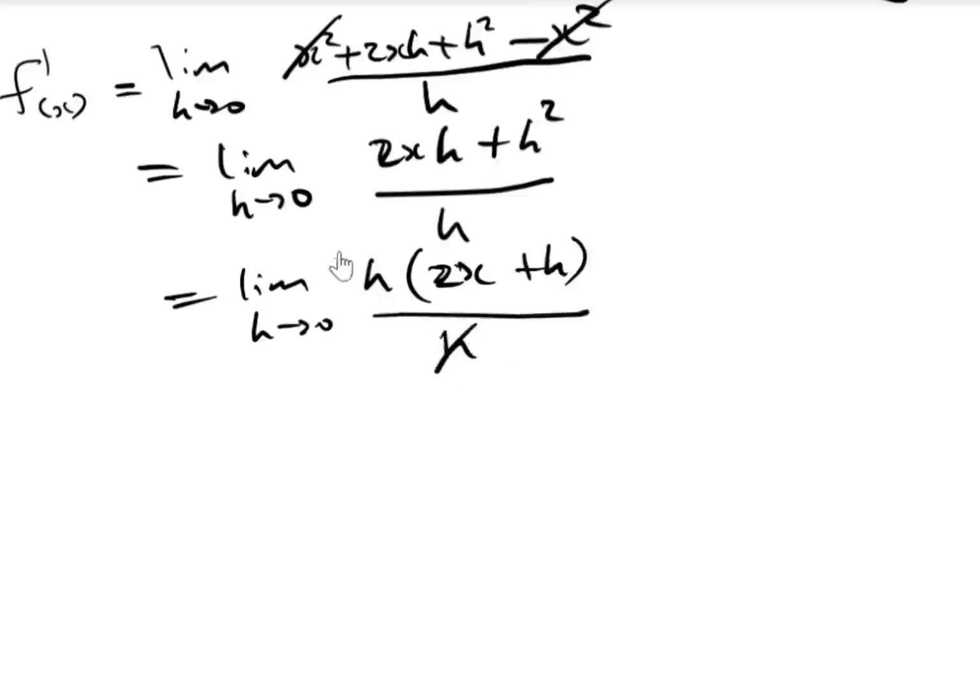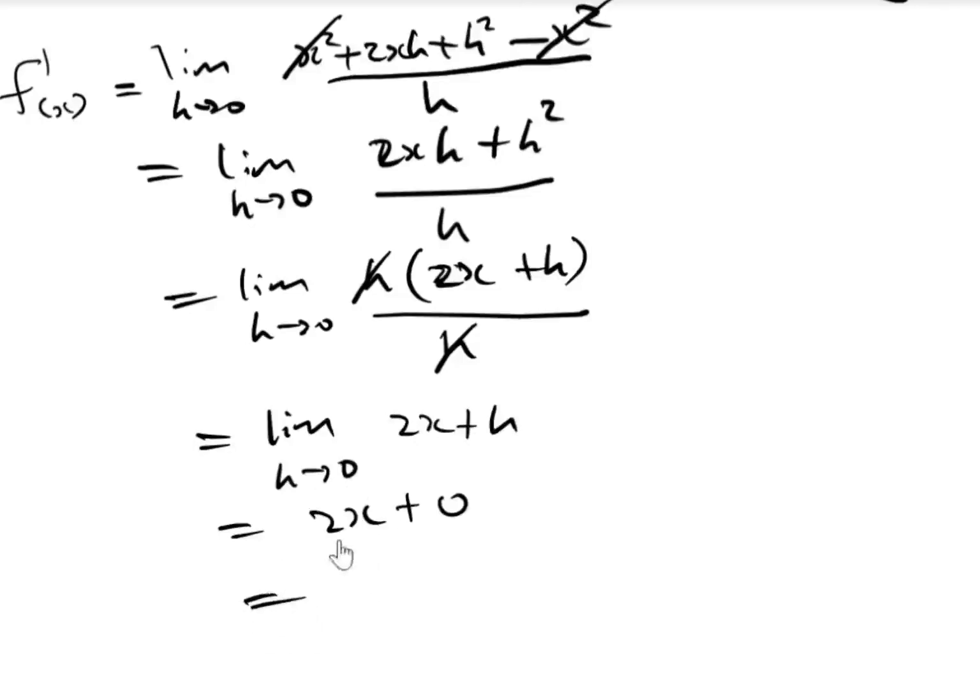Then h can cancel h. I'm left with the limit as h approaches 0 of 2x plus h. So applying our limit, we have 2x plus 0, and 2x plus 0 is the same thing as 2x. This is our final answer.